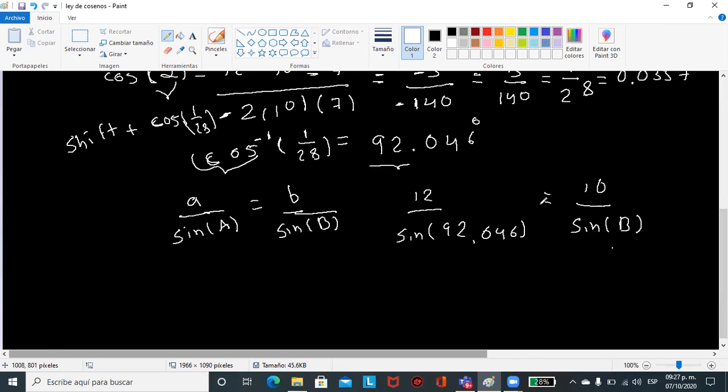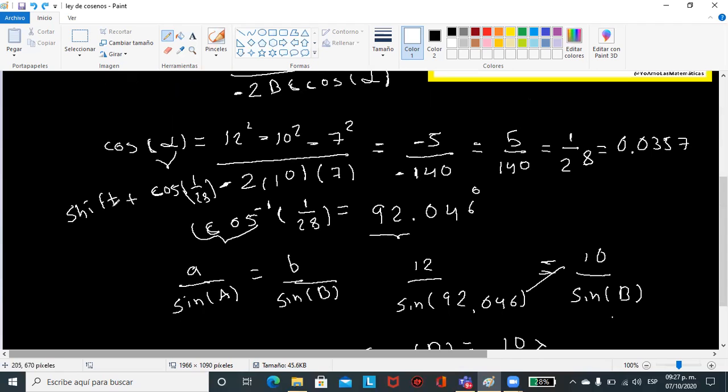So let's solve for the sin. Let's multiply in this side, and this passes to the other side. So sin of B is equal to 10 times the sin of 92.046 degrees, just write the value that we had before here, remember?